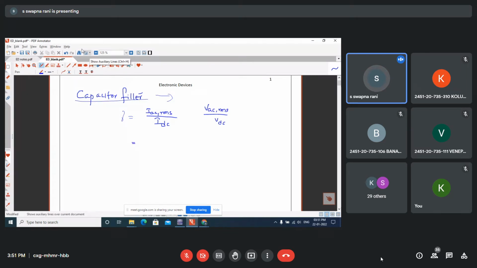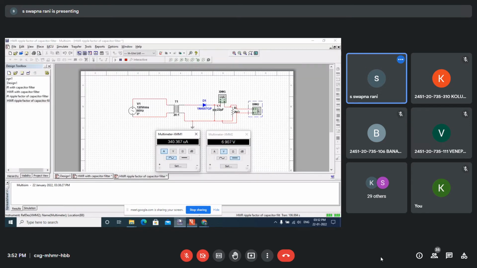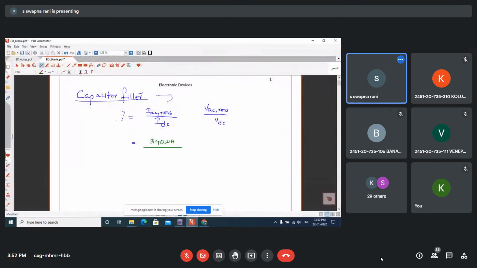I think IAC is around 340 microamperes, divided by 3.45 milliamperes.